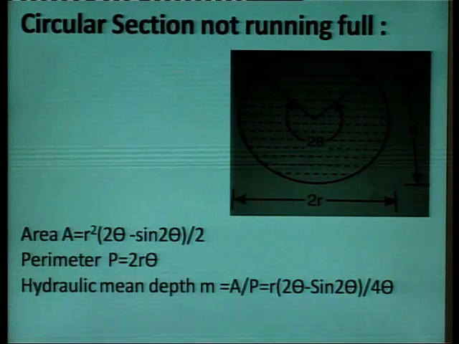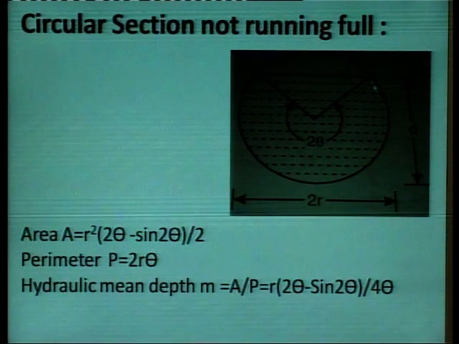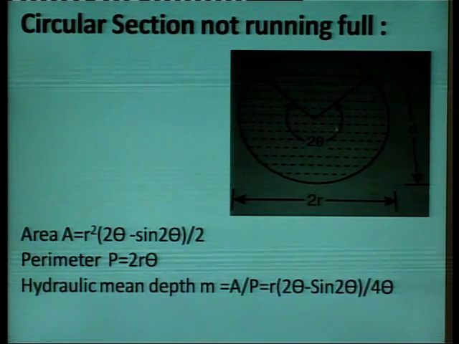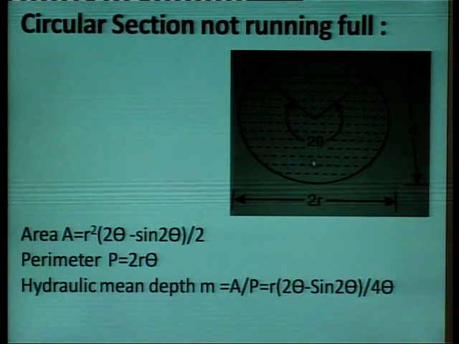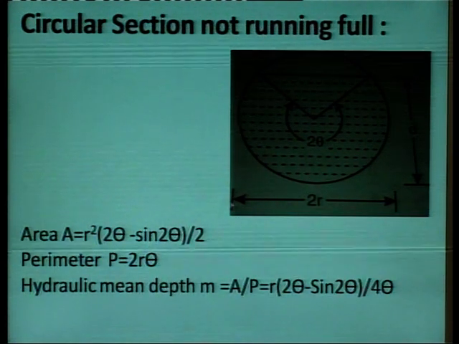Now let us take a circular section which is not running full. Now this is a circular section which is not running full. It means that only this angle 2 theta is running, and this is a diameter d which is equal to 2r.